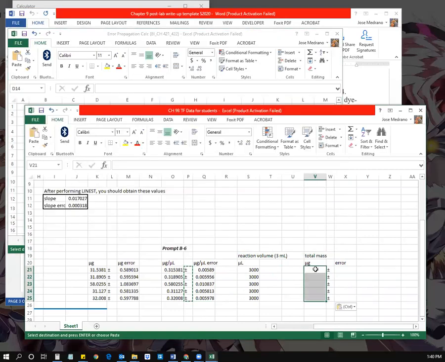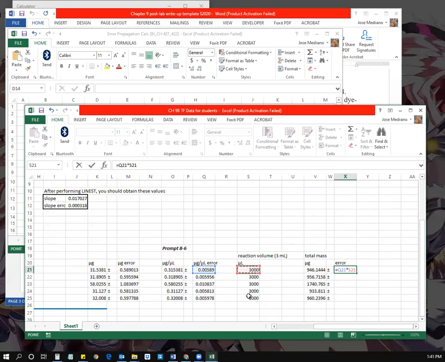We take that value, multiply it by 3000, do the same for everything, and also do that to the error. If there was an error in the volume, we couldn't do this easy step because we'd have to use the error propagation formulas.